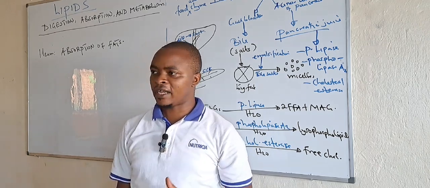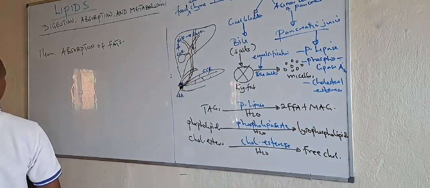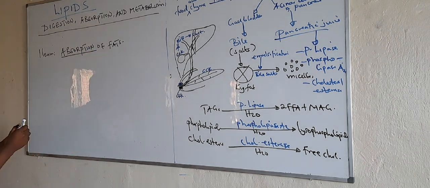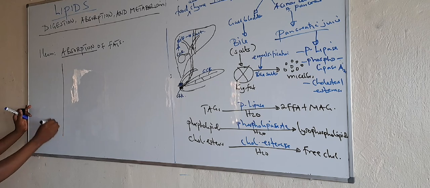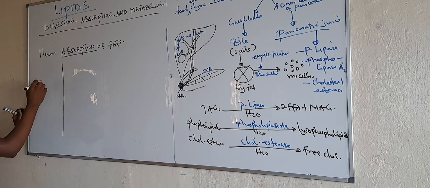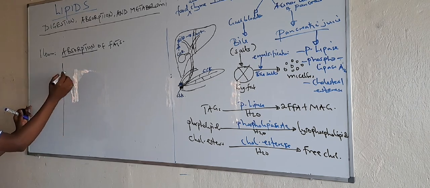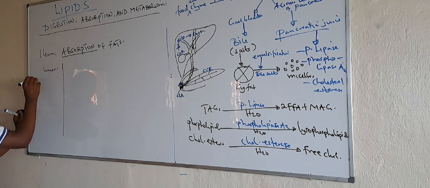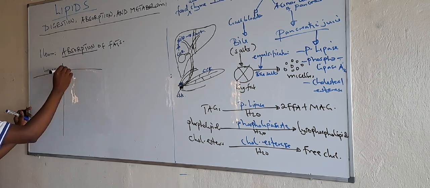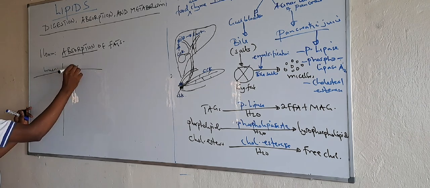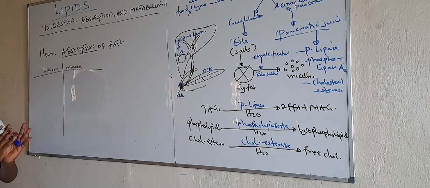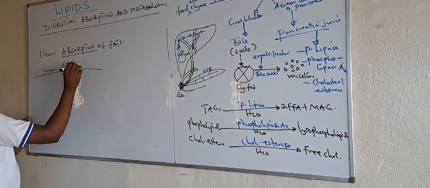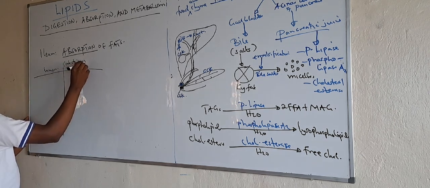In the ileum, we see absorption. And how are these fats absorbed into the blood? If I can draw a lumen here, this is the intestinal lumen. This is the lumen of the ileum, and this is the intestinal mucosa, that is the intestinal wall.